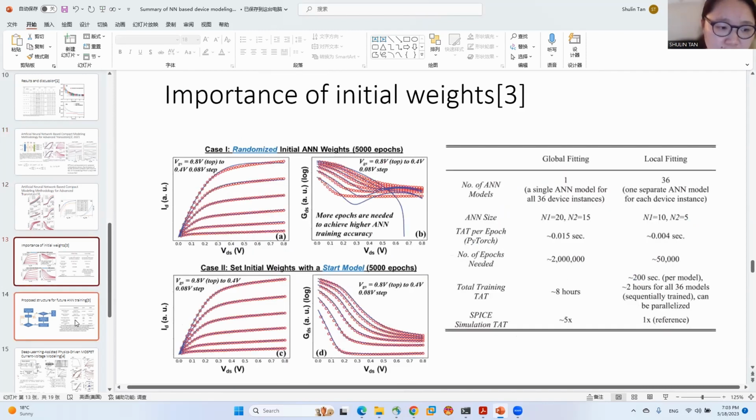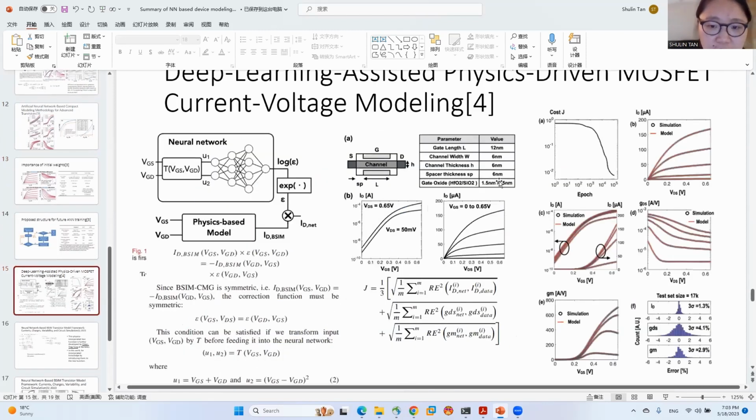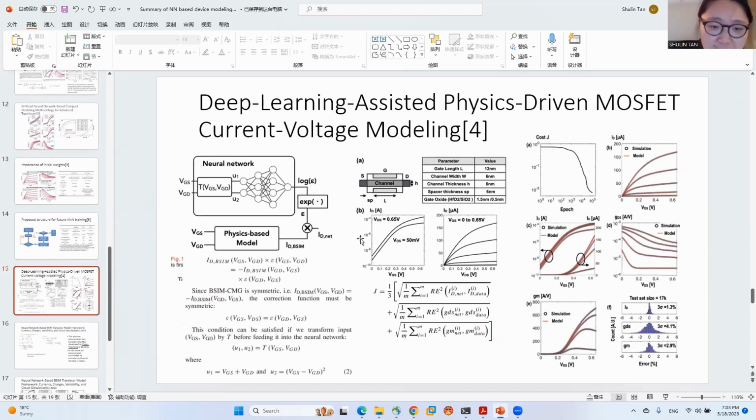I do know the process of this one. They have a list of the derivative of your current with respect to your voltage. That is something the simulation software provides, and it is part of their data resource. In their data, they not only have the IDS, the drain current, and the gate voltage, they also have the derivative.